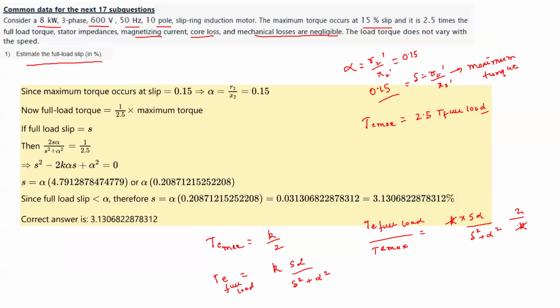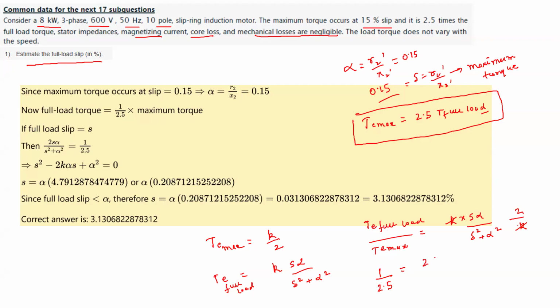In the question, we are given the relation that T max is equal to 2.5 times T full load. So T full load over T max is 1 by 2.5, because in the T max place you can write 2.5 times T full load, so T full load gets cancelled and you are left with 1 by 2.5.